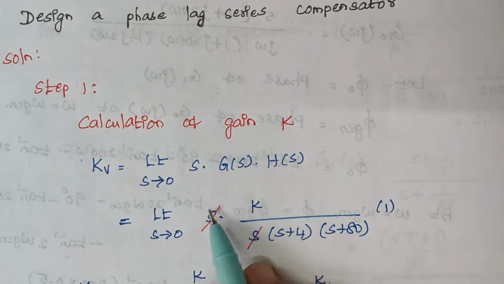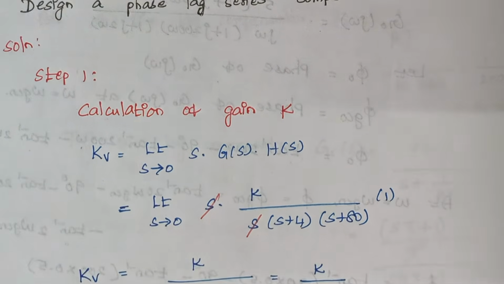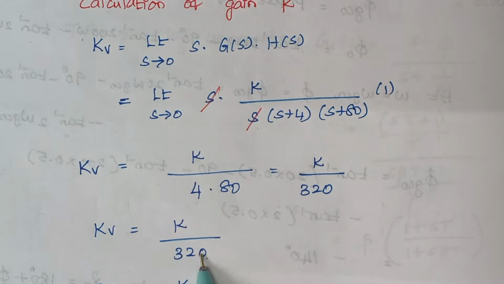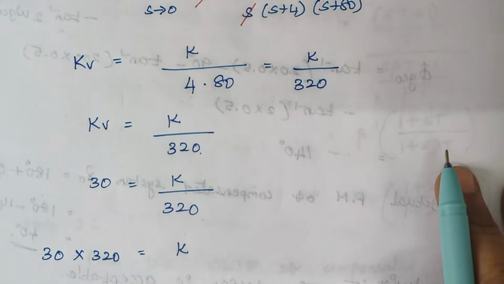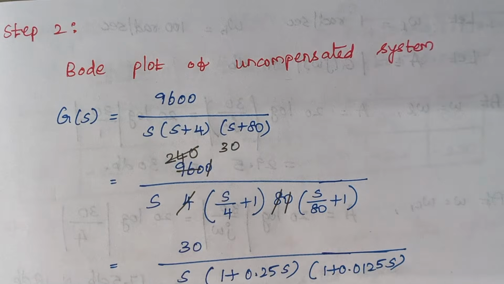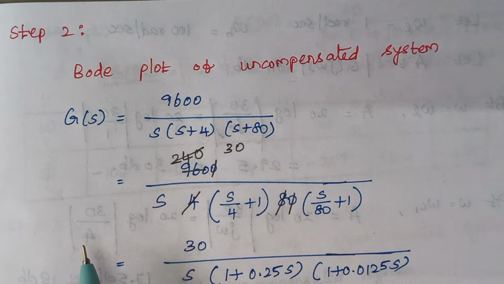So these two s cancel each other, and when you substitute the value of s equal to 0, finally the value of kV is found to be k by 320, right? Now the value of kV is given, it is 30. So when you substitute the value of 30 over here, the value of k is equal to 9600, right?